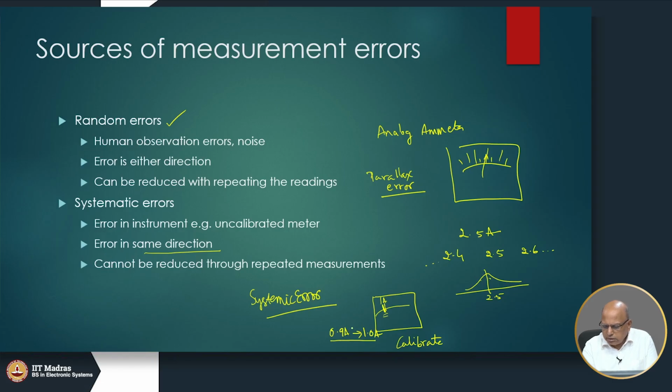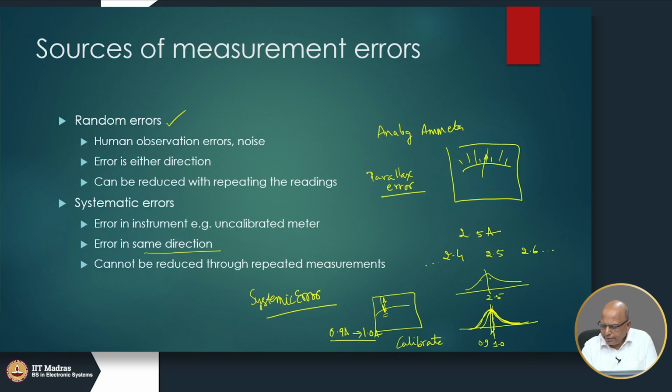And if there is that random error, then it will be like this. This random spread is because of the readout error, but it is distributed around this average. So, this is 1.0 and this is 0.9.